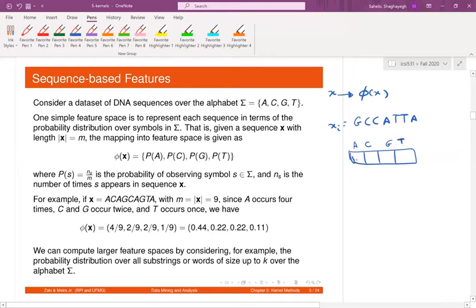Basically, A is going to be the probability of seeing A in my data, and C is the probability of seeing C, etc. So this is going to be my phi of x. It's going to be a vector. In the first place, it's the probability of A, in the second place, the probability of C, etc. Now, what is the probability of A, for example, in this sequence that I have? I can see that the length of my sequence is 1, 2, 3, 4, 5, 6, 7.